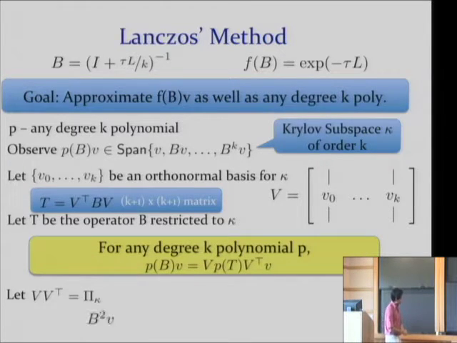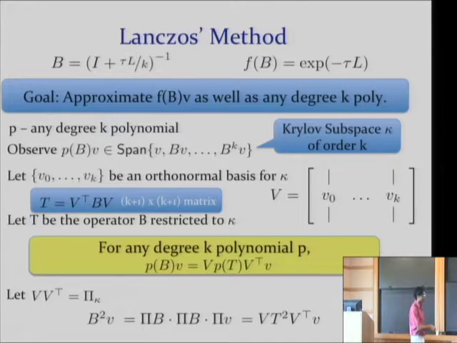Let me do this for a very simple case, say B squared V. The first thing you observe is that V is in the subspace, BV is in the subspace, and B squared V, all three vectors are in the subspace. So I can apply a projection at every step. So I get pi B pi B pi V, right? Now I can just rewrite pi as V V transpose and rearrange to get it in terms of T, which is your k by k operator.